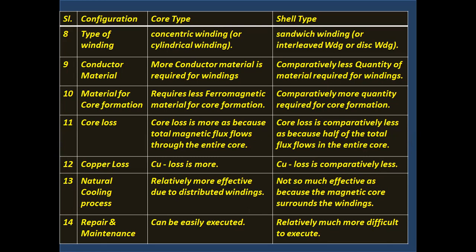More conductor material is required for windings in case of core type, whereas comparatively less quantity of material is required for windings in case of shell type. Material for core formation: less ferromagnetic material is required for core formation in case of core type, whereas in shell type, comparatively more quantity is required for core formation.